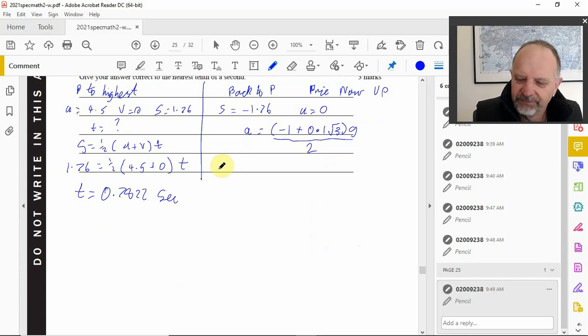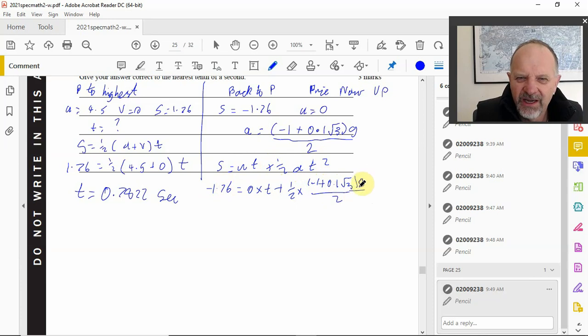So now you can use s equals ut plus a half at squared, putting in the numbers of -1.76 equals u, which is 0, times t, plus a half times that acceleration, -1 plus 0.1 root 3 on 2, times g, times t squared.